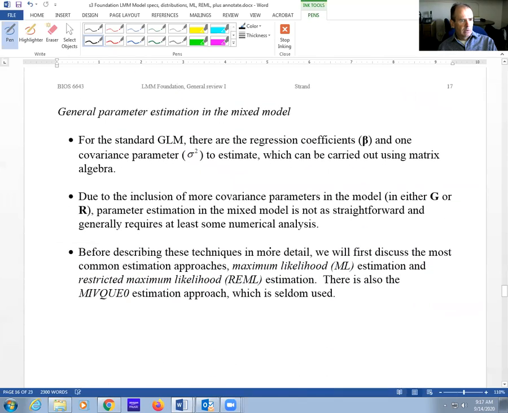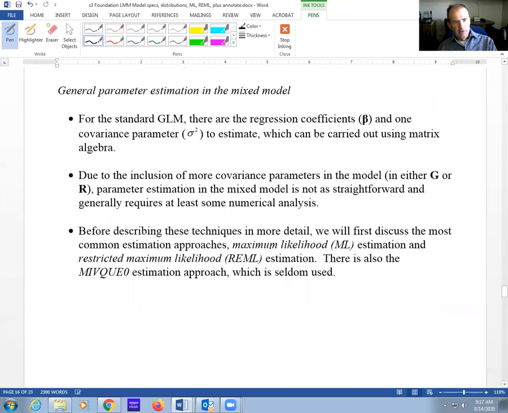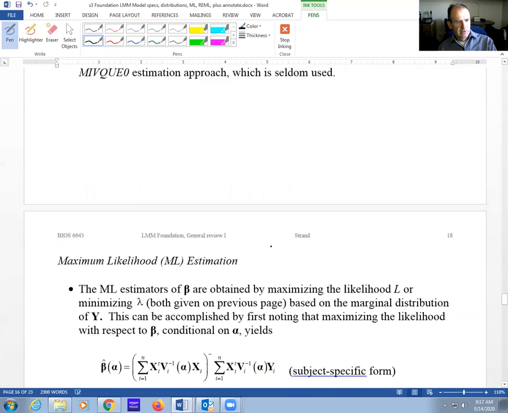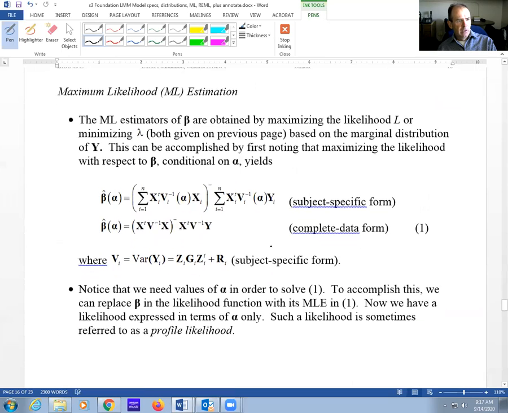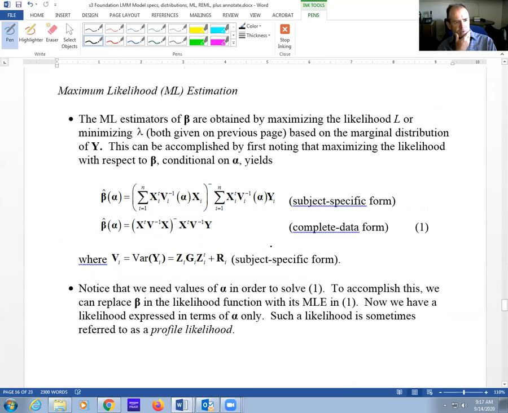So I'm gonna jump over some of this, and I think you guys can just read some of this detail. When we do maximum likelihood estimation in a mixed model, I did mention we do that numerically. However, if you condition on the covariance parameters, you can get an algebraic form for your fixed effect estimates.